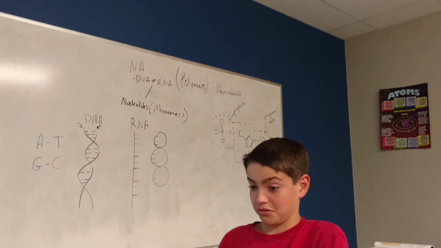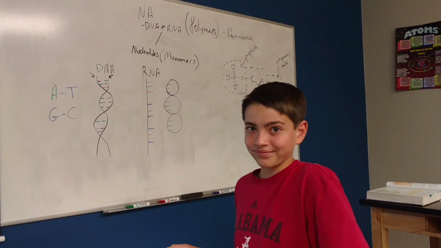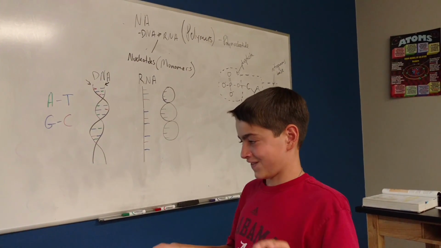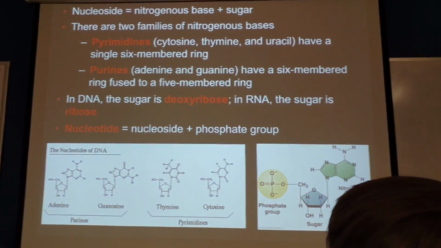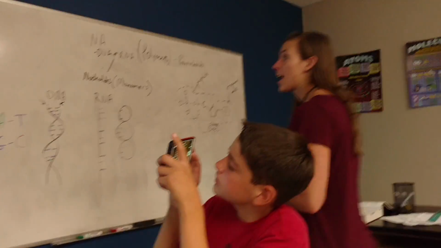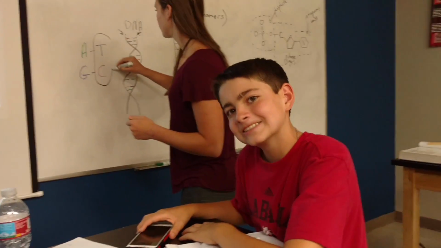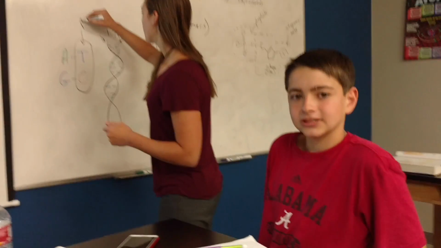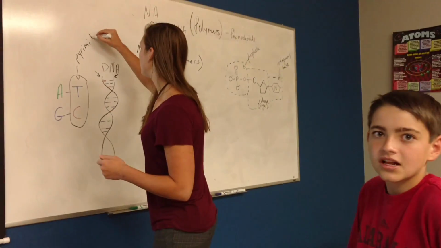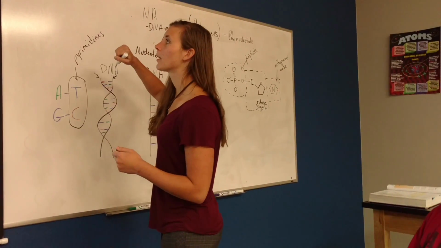So what I drew on the board was adenine, thymine, guanine, and cytosine. Thymine and cytosine, along with uracil, are pyrimidines. I believe I spelled that correctly.